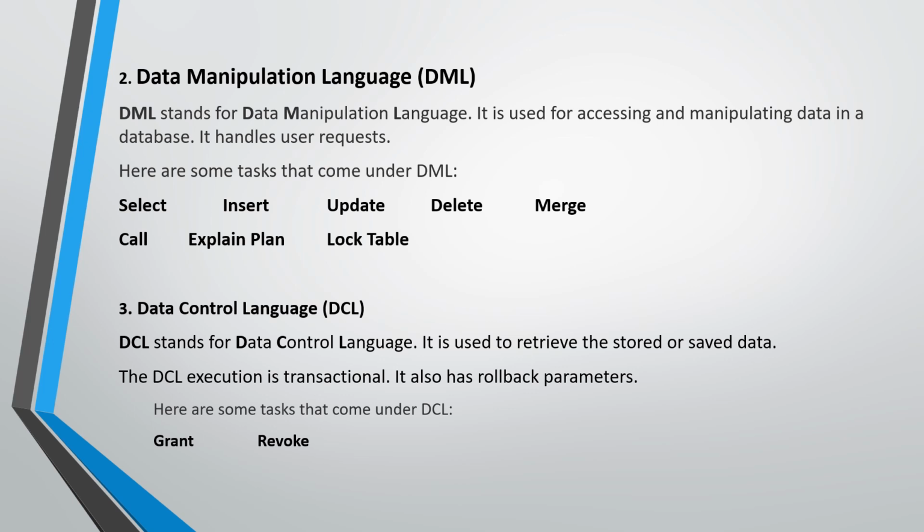Here are the DCL commands: grant and revoke. The grant command is used to give users access privileges to the database. The revoke command takes back permissions from the user. So these two are the commands called DCL.